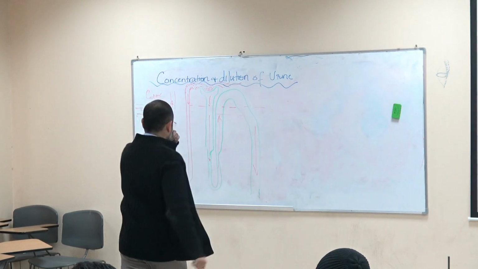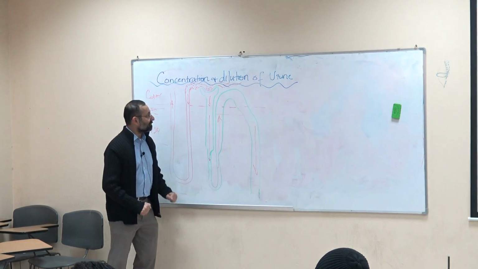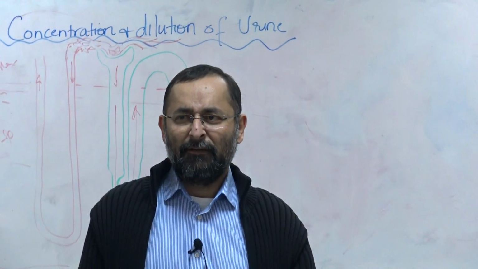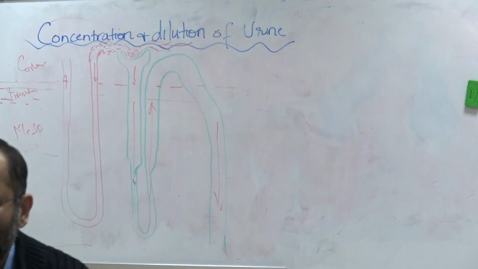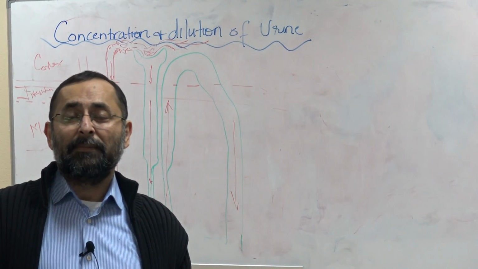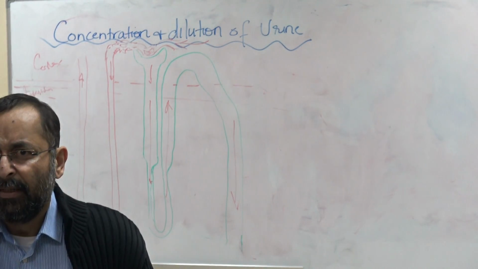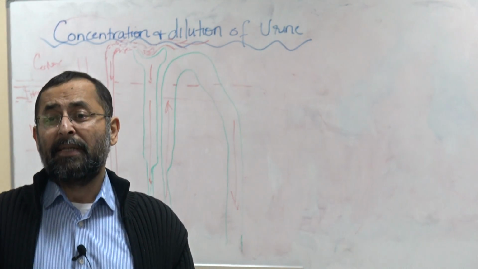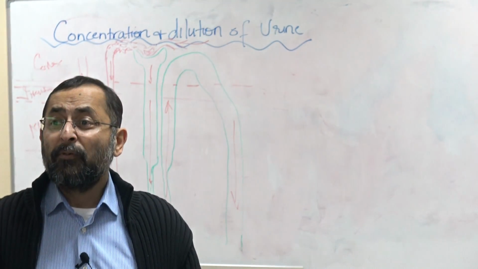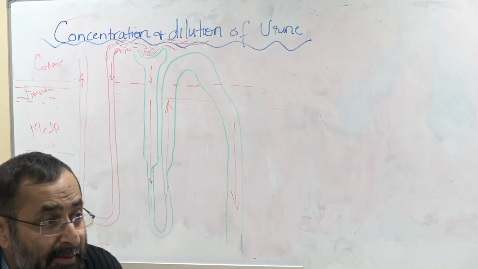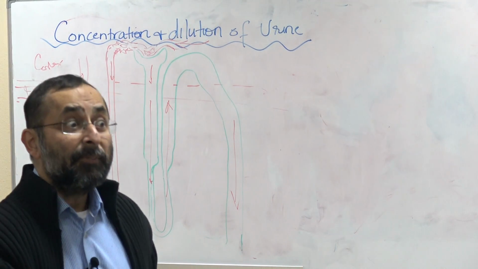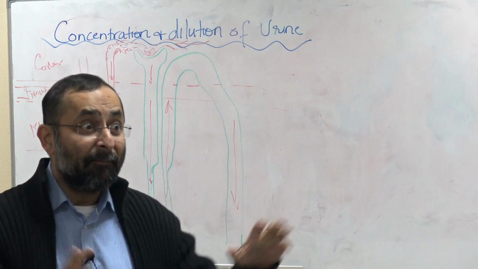Let's get back to this diagram. In the kidneys, we have a perfect mechanism for concentration and dilution of urine. This mechanism, which is operating in a normal kidney, is so powerful that it can concentrate the urine up to 4 times of the plasma osmolality. In extreme conditions, in a state of dehydration, the maximum osmolality of the urine will be 4 times that of plasma.